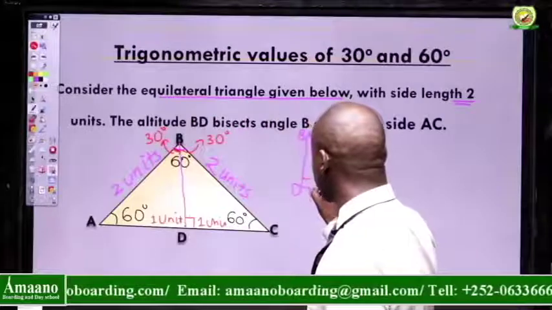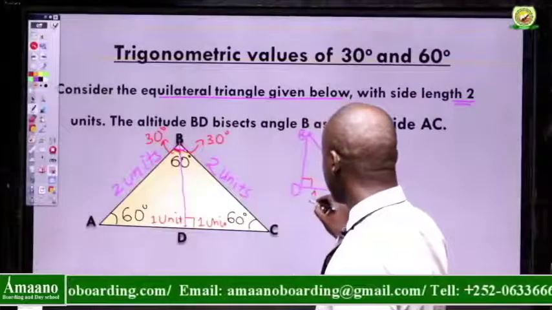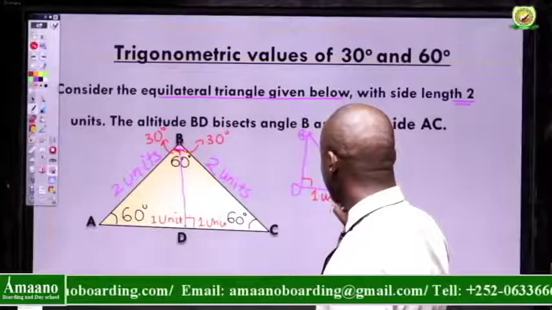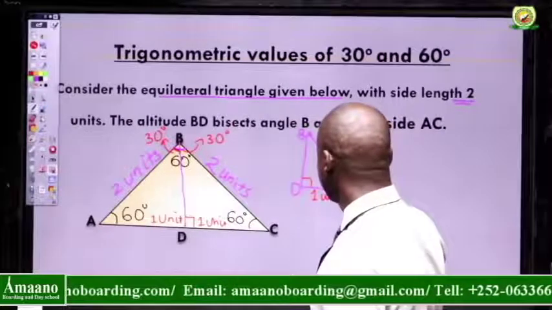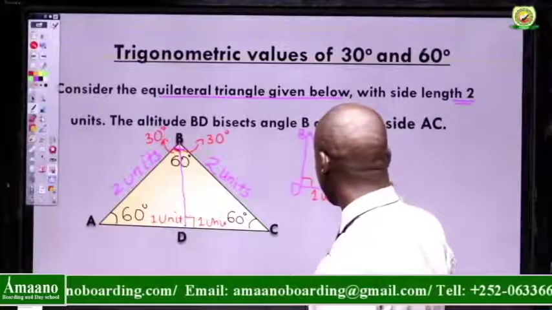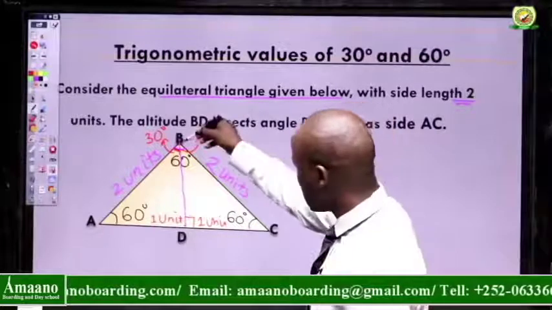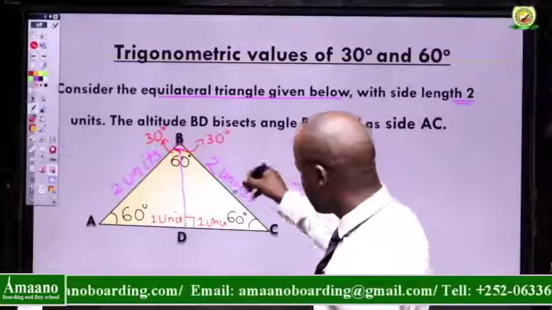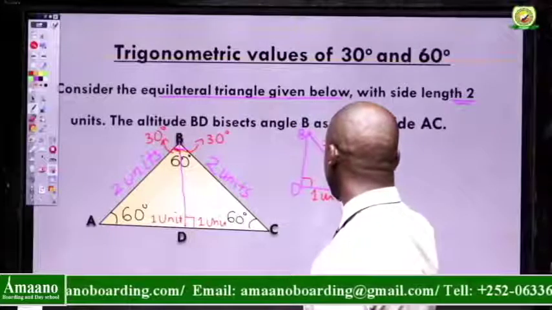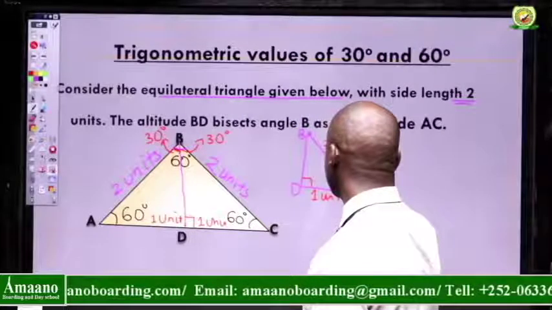Now this is 90 degrees. The side length here is 1 unit, and the hypotenuse of the new right angled triangle is 2 units, which is BC from the equilateral triangle given here.